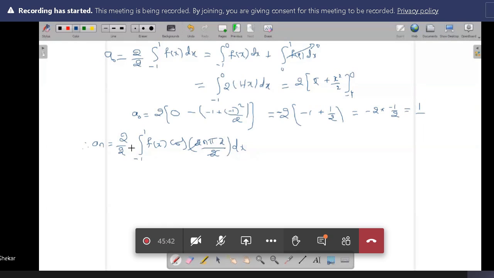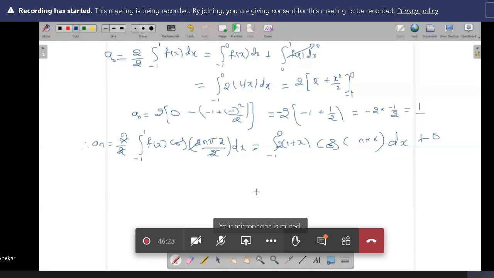Since f of x is a piecewise function, I can redefine it: minus 1 to 0 it is given as 2 times 1 plus x into cos n pi x into dx, sorry, no 2, only n pi x, so 2 to cancel. And the next term is 0, I can directly write 0 because in the interval 0 to 1 it is 0.